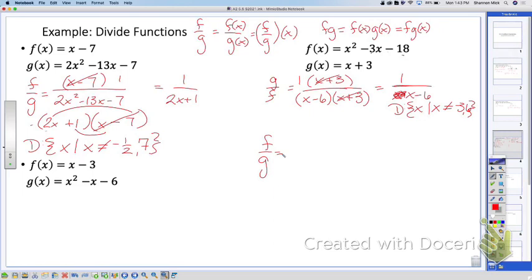Tell me the answer. Is there a negative 3 for the top domain? Yes.